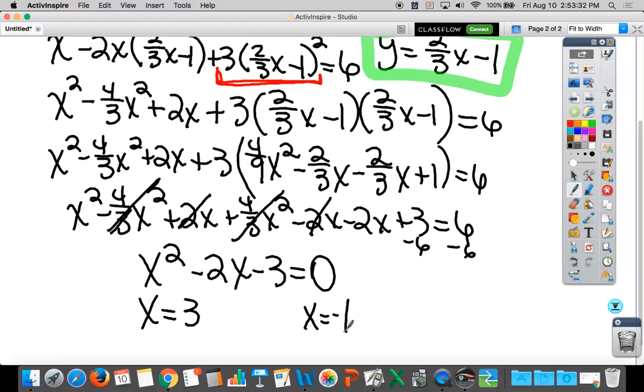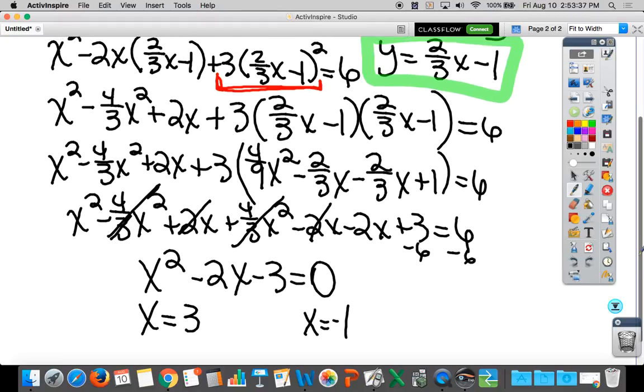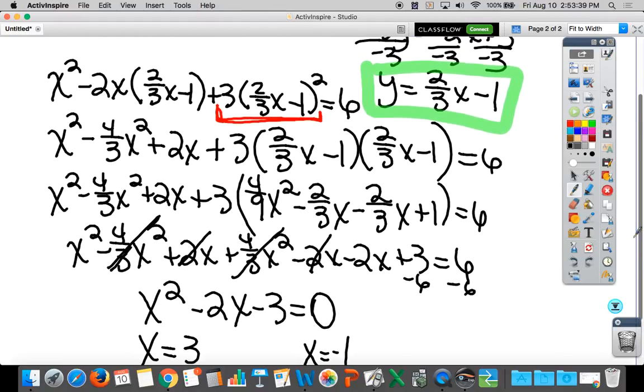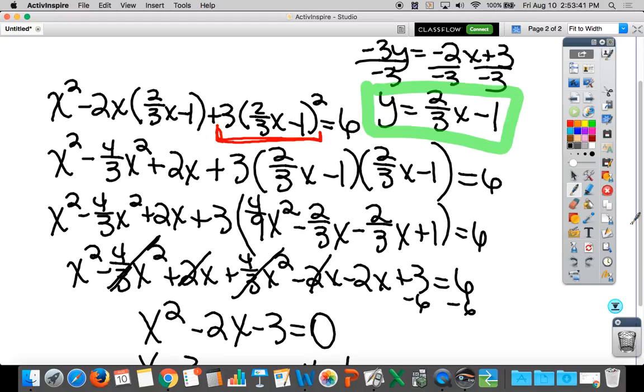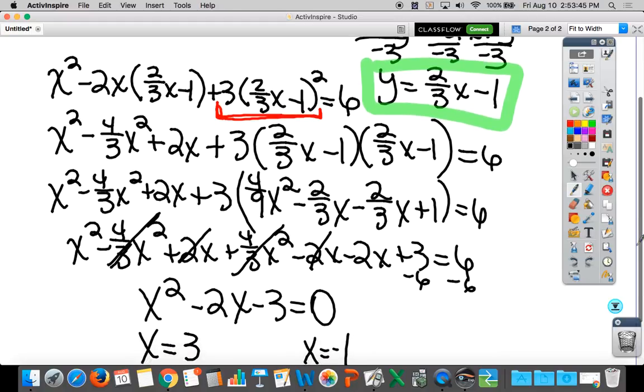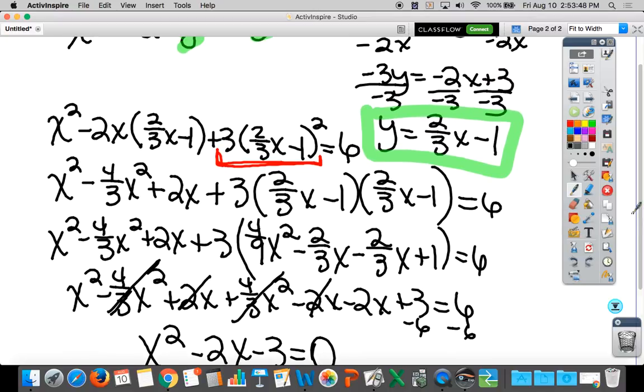Okay, what am I missing here that I have to get? The y. Do I have an equation for y in green? So store 3 as x. And type in 2/3 x minus 1.